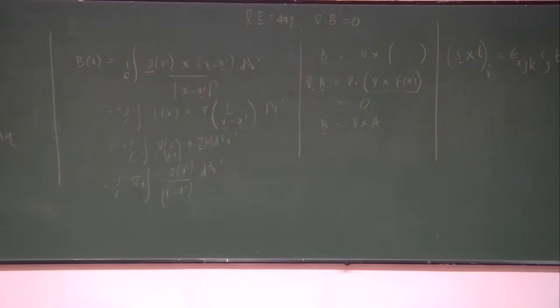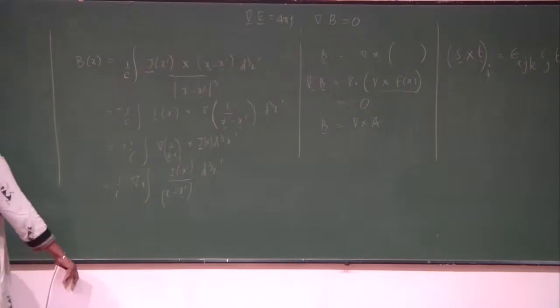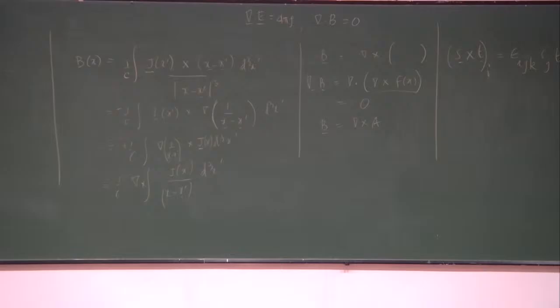Now what are the Maxwell's equations that are left over? I have got del dot of two things, now I have to get del cross. Let us start with del cross B, because we already have the expression for B on the board, right? So I am going to write B is what?